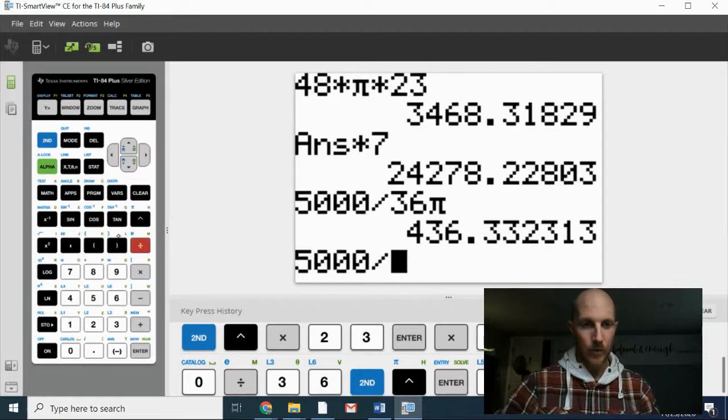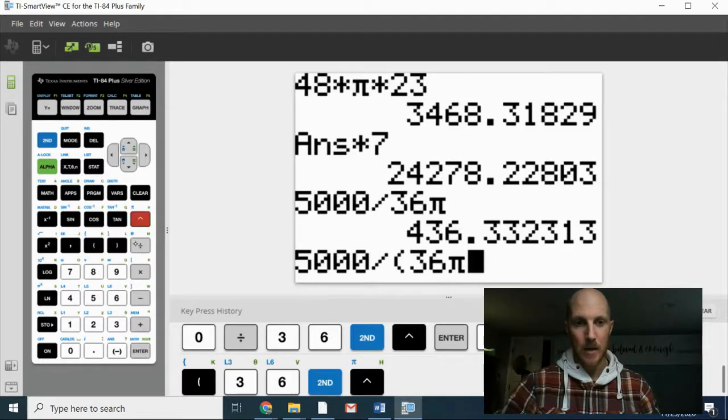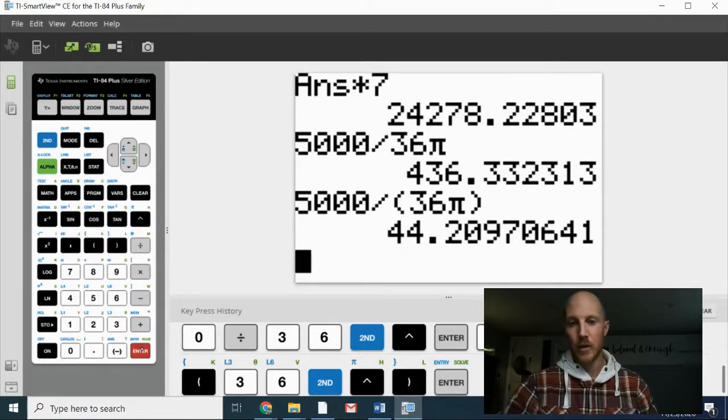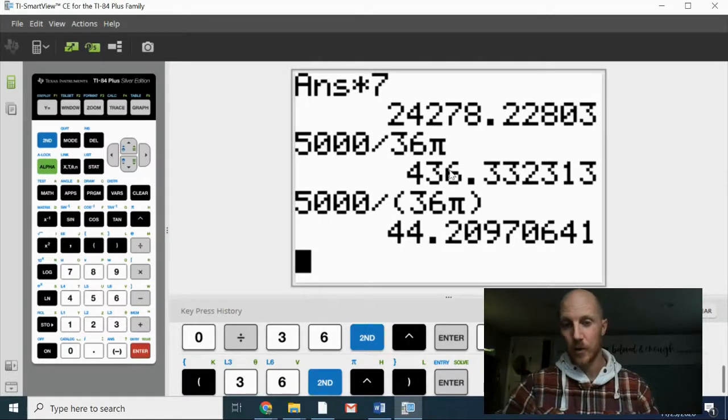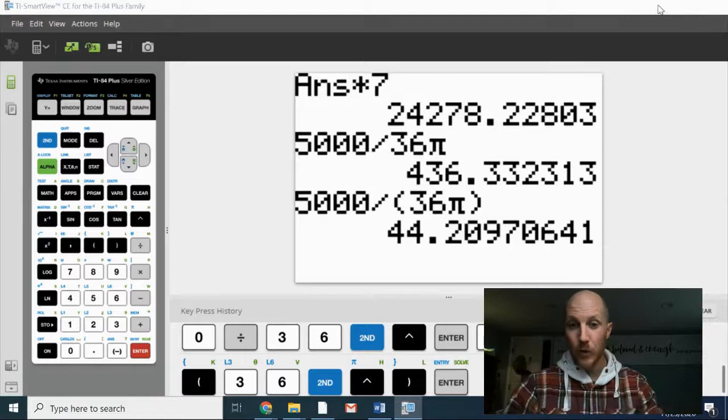The right number of zeros, divide by, I'm going to use parentheses this time, 36 pi. So the lack of parentheses, super common cause of errors. You can see we totally get different answers there. 44.2 is what I do want, and that 436 is what a lot of times people get. And they'll be like, I typed it in right. I don't know what the problem is. Well, yeah, calculators and parentheses. So 44.2.